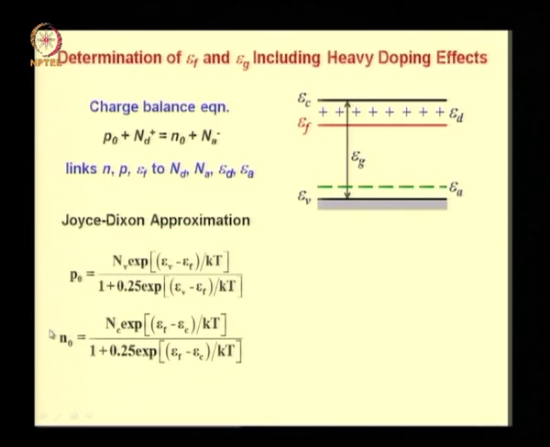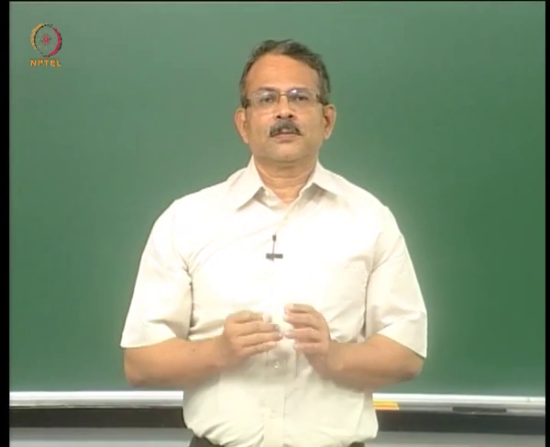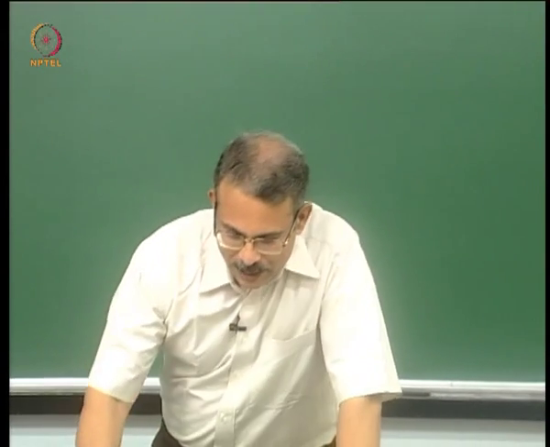A similar approximation exists for electron concentration, and it is given by n0 equal to Nc exponential Ef minus Ec by kT divided by 1 plus 0.25 exponential Ef minus Ec by kT. So when Ef is equal to Ec, the Joyce-Dickson approximation predicts n0 equal to Nc by 1.25, whereas the Boltzmann approximation, which is simply the numerator part of this expression, predicts only Nc. So there is a 25% error due to Boltzmann approximation when Ef is equal to Ec.